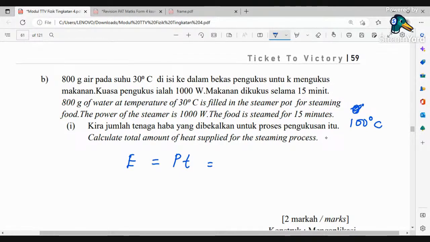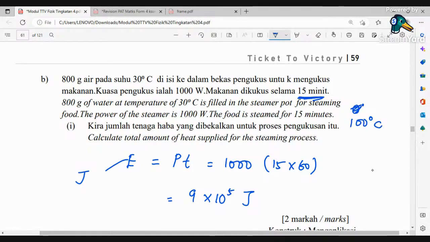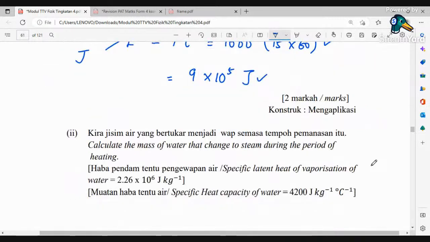So you have 1000 watt multiply 15 minutes, convert to second sebab heat energy kita guna unit joule. Joule ialah SI unit, time in second. So you get 9 times 10 power 5 joule. Okay, gantian betul, unit jawapan betul.